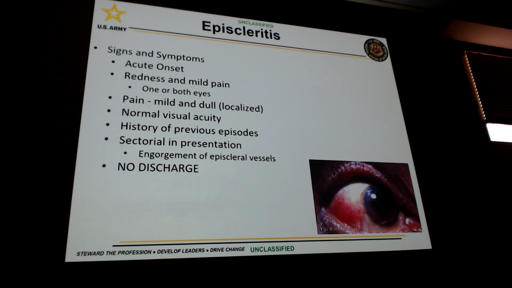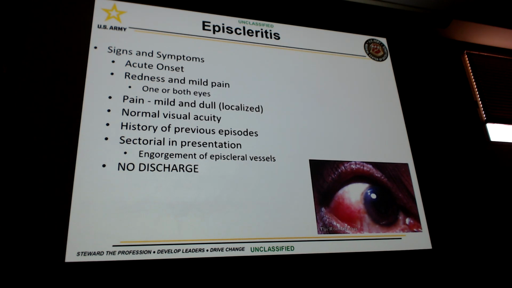And the way that you're going to appreciate episcleritis is you're going to have an acute area of redness. So this acute area of redness, when there's no redness up here or down here, this acute area of sectoral redness is episcleritis. The patient's going to be in a little bit of pain, okay?